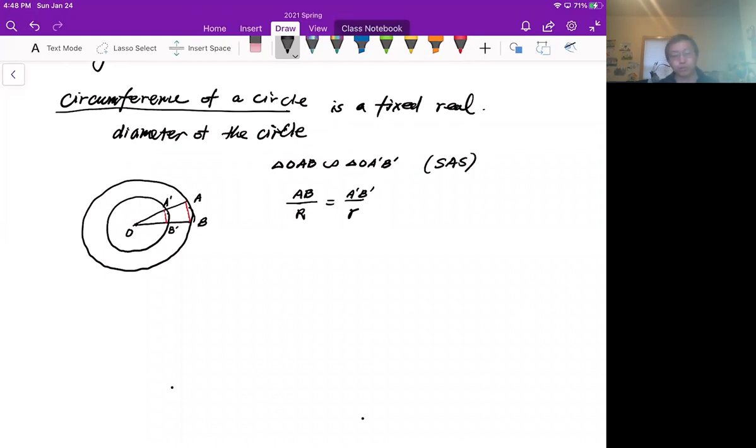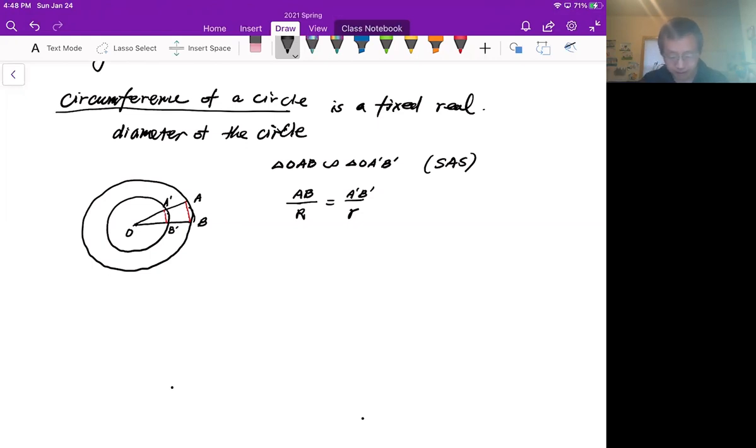We have the same central angle, and then the two sides: in the larger triangle I have the radius capital R, in the small triangle I have the radius little r. So R divided by r is the same ratio, so they are similar. And if they're similar, then I can say that side AB divided by R equals side A'B' divided by the smaller r. Does it make sense?